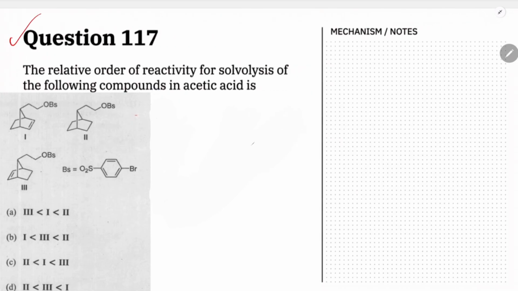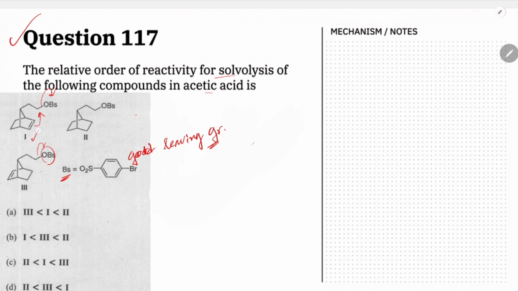In question number 117, the reactivity order of the solvolysis of the following compounds in acetic acid. So the reaction is such that this is a good leaving group. This will leave, and in the polar medium, this is a good leaving group. So this pi bond will act as an NGP agent, so it will assist the reaction and make it faster.